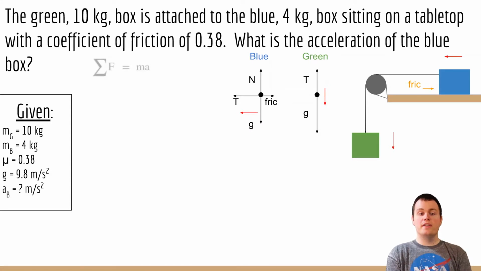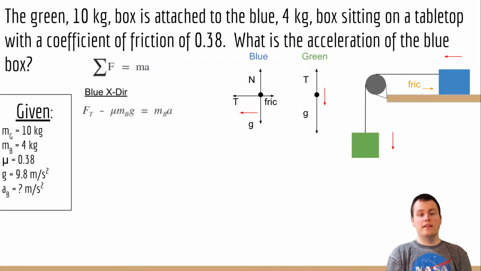The next step is to write out Newton's second law equations for each of the different directions for the two blocks. I'll start with the blue block. In the horizontal x direction, we have the force of tension as positive, and opposing that we have the force of friction, which is negative, and we set that equal to mass times acceleration.